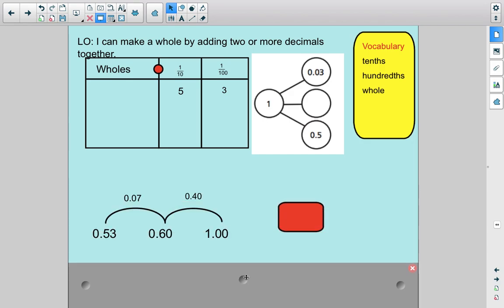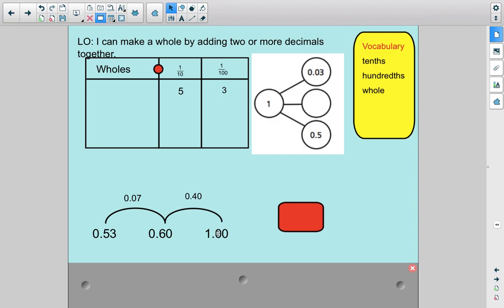So I've worked it out using a number line. I had 53 hundredths. What did I have to add to get to my next 10 hundredths? Well, I had 53 hundredths, add 7 hundredths, gave me 60 hundredths. What did I have to add to those 60 hundredths to get to 1, same as 100 hundredths?